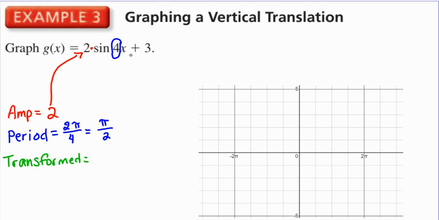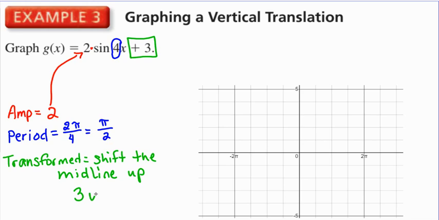And then lastly, not in parentheses, I have this plus 3. So that means I'm going to shift the midline up 3 units. So let's put all of that together. Here's my 0, 0. If I shift my midline up 1, 2, 3 units, that means the midline, the middle of the graph, is going to be right here.